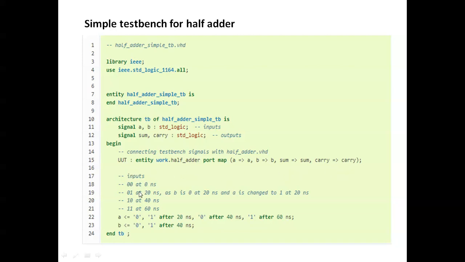Same values. There are two inputs, so only four possibilities are available: 00, 01, 10, 11. 00 starts at 0 nanoseconds, then 01 at 20 nanoseconds, so the time duration in between is 20 nanoseconds. 10 is at 40 nanoseconds, and 11 at 60 nanoseconds.